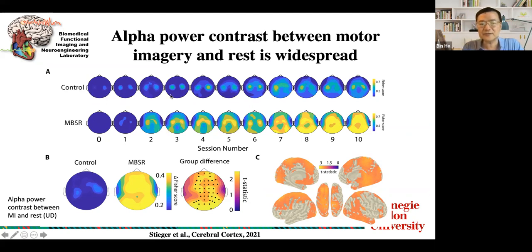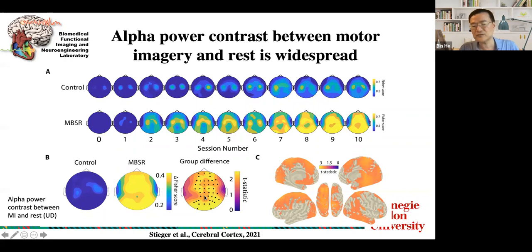On top, the control group illustrates a very popular, well-established pattern for this kind of motor imagery. The second row illustrates the meditation group subjects, which show a totally different spatial topography of alpha power contrast. We look at the average of the entire group. On panel B, you can see the control group, very standard, and the MBSR group, which has a lot of electrodes showing a high alpha power contrast, as you can see in this group difference.